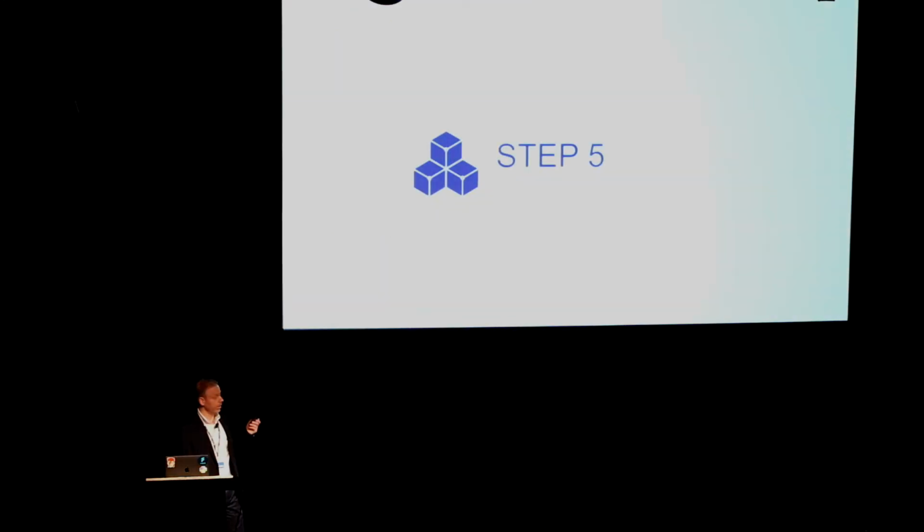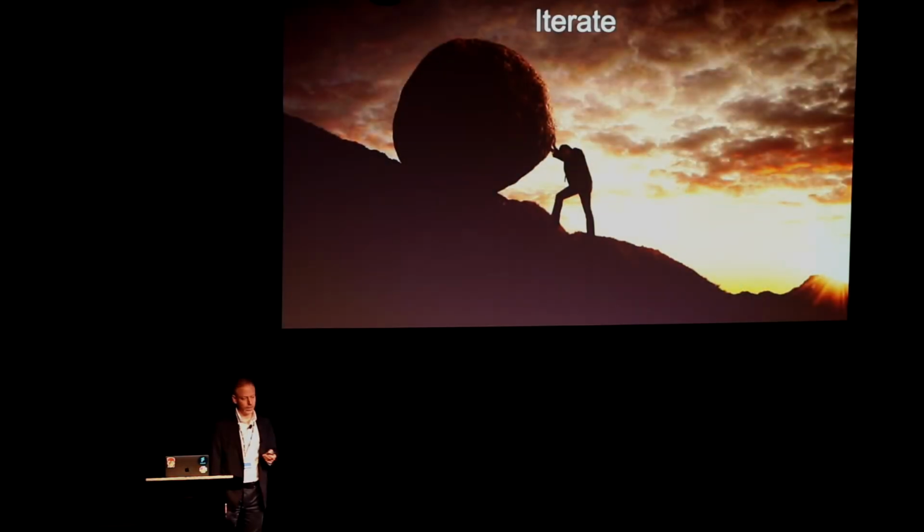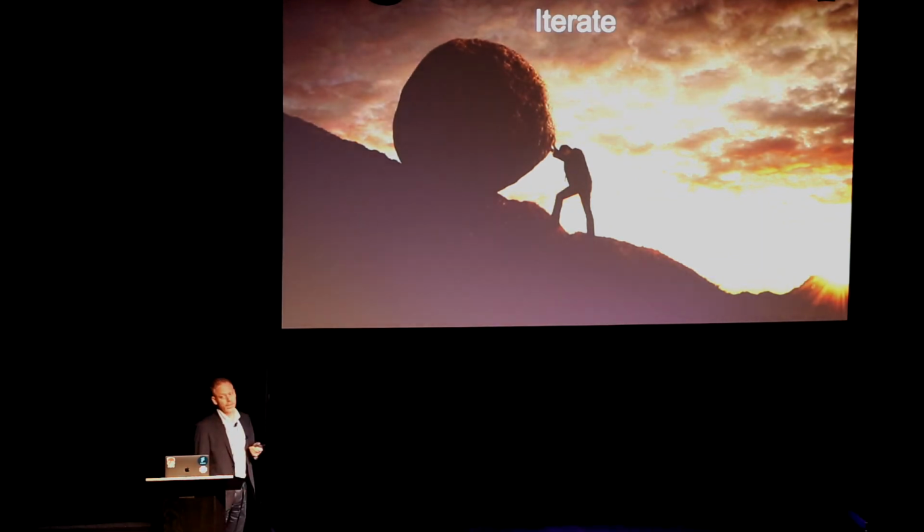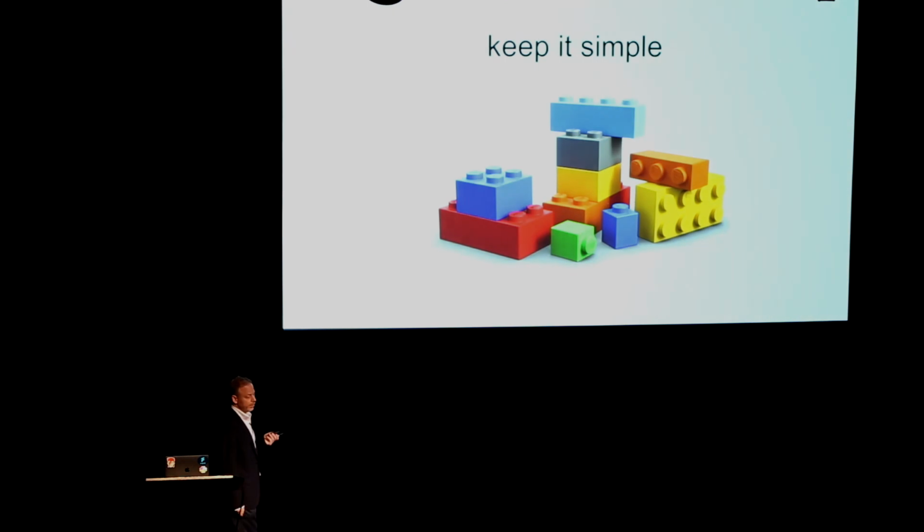So, step 5. Oh, it looks a lot like step 1. Iterate. This is so critical, right? People don't think about this in web. It's 25 years plus of web. HTML started with 14 tags. Nobody said, oh, we can't use this unless we have a way to do e-commerce or blogging or have WebSockets, etc., or else we're not going to sign up for this thing.